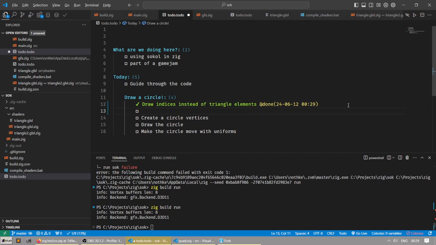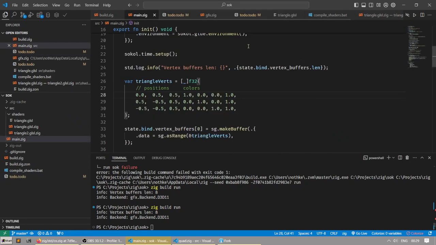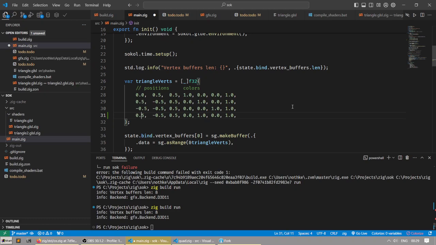But let's do a quad. Yeah, let's do a super simple quad first. Well, it doesn't need to be a quad, but let's do just another vertex. So I'm going to add one more. And let's put that to maybe 0, 7. Let's make it somewhere above. Yeah, something like this.